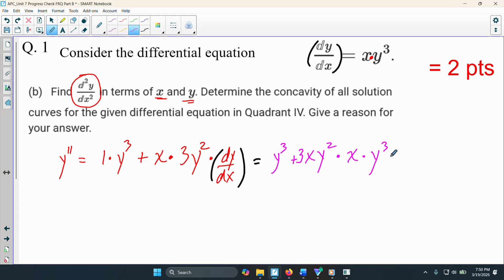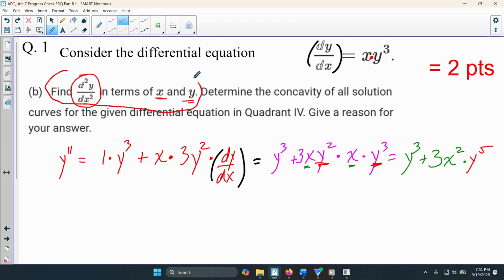Technically, you could leave it like this, but I think it's nice manners to clean up. So y to the third plus 3, and your x's are right here, so x times x is x squared, times y squared times y cubed, which looks like y to the fifth power. Okay, and that should give me up to this point.